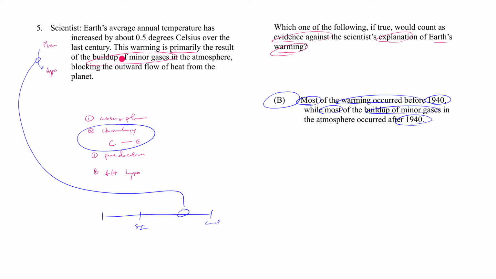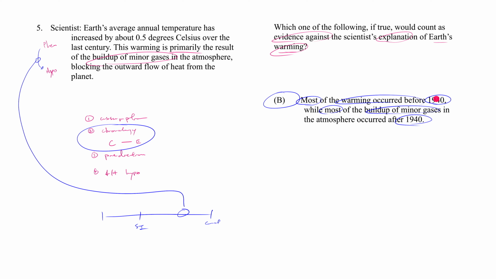And it's never that great precisely because it makes a bunch of assumptions. For this hypothesis to truly explain this phenomenon, one assumption of many is that the warming did not occur before the gases built up. Because how can you have an effect occur before a cause, right? And that's exactly what B does. B says, you know what, that assumption, I'm going to turn it on its head.